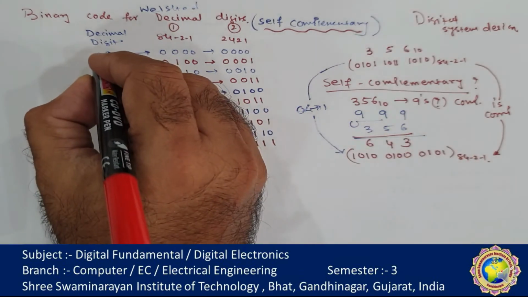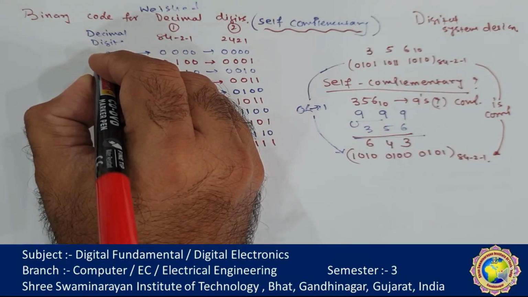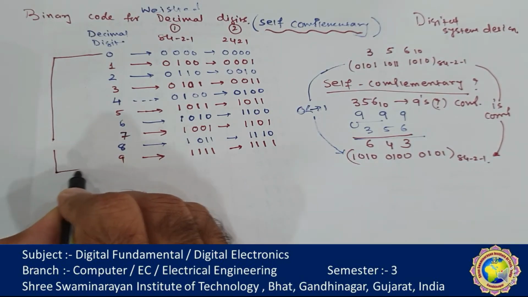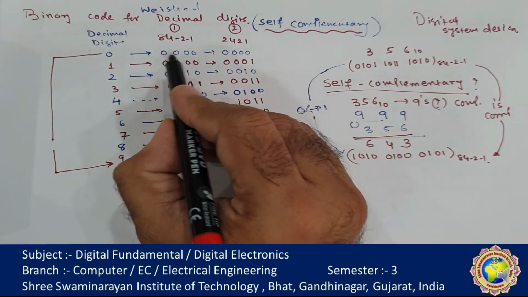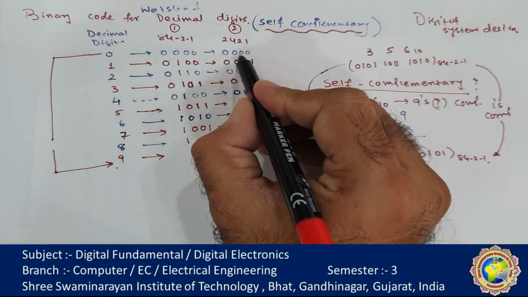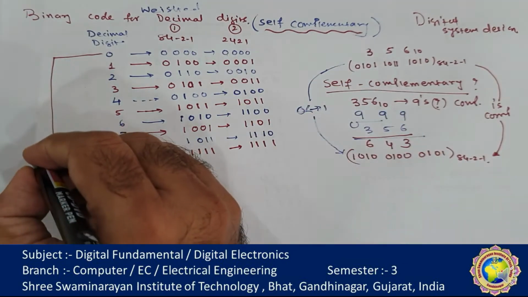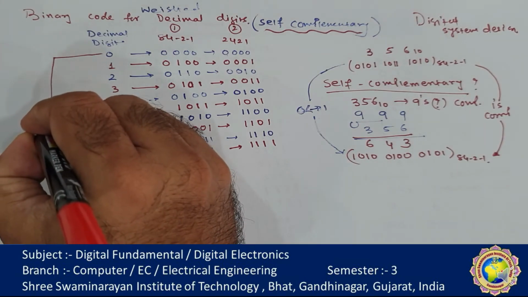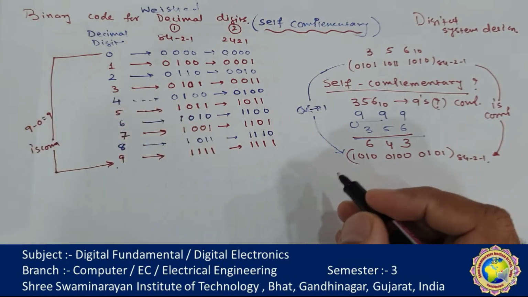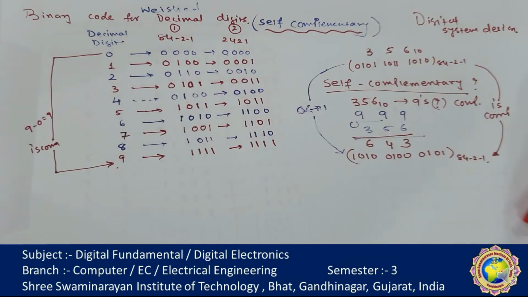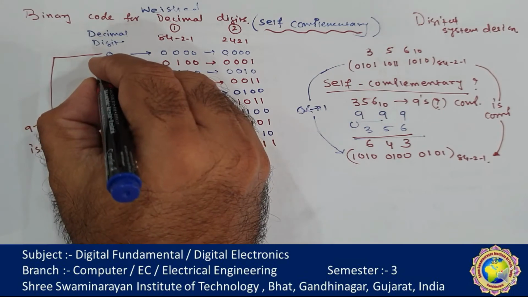Now see 0 and 9. 0 is 0 0 0 0, here 1 1 1 1, and similarly 0 0 0 and 1 1 1. So it is a 1's complement. 9 minus 0 is equal to 9. Okay, what is the 9's complement of 1?